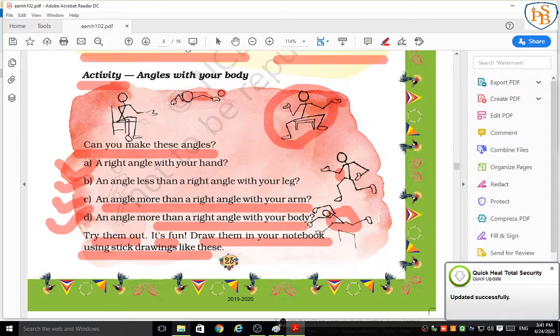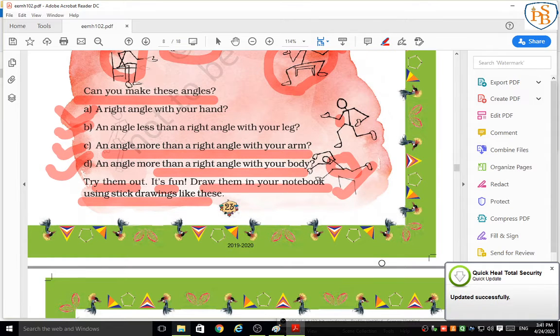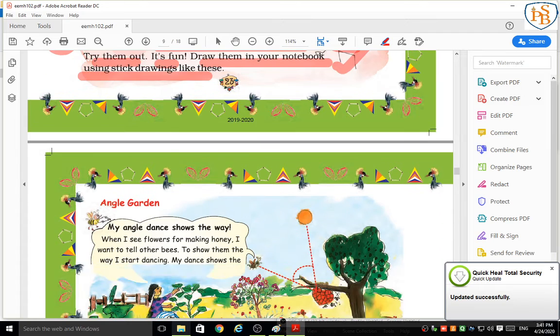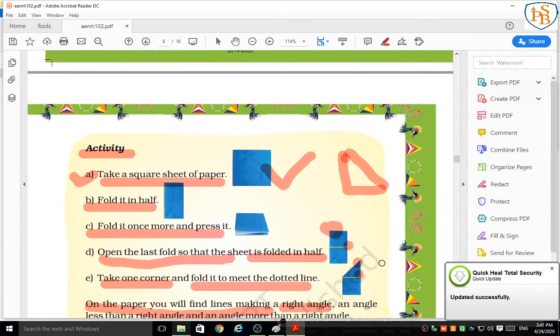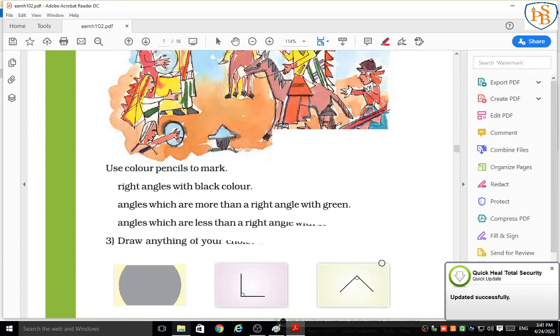They show a right angle, less than a right angle, more than a right angle with your body. Like that, you also have to do this activity for fun at home, and after that draw the picture in your notebook. Clear, students? Up to all these points are clear, different types of angles, activity.